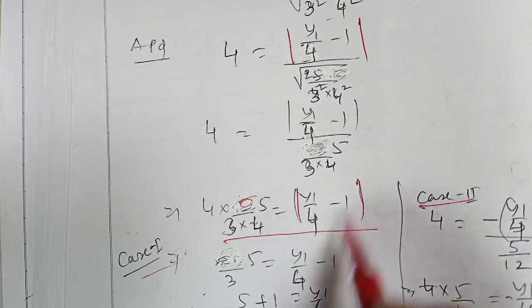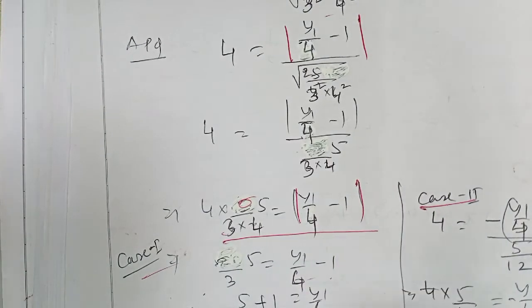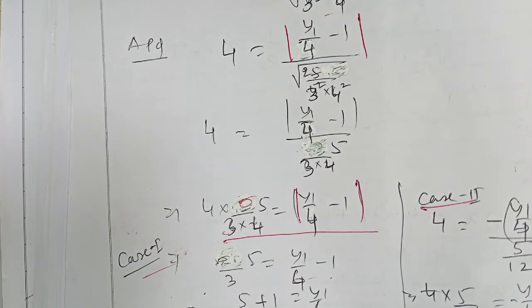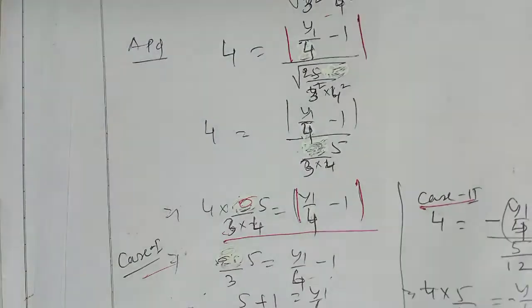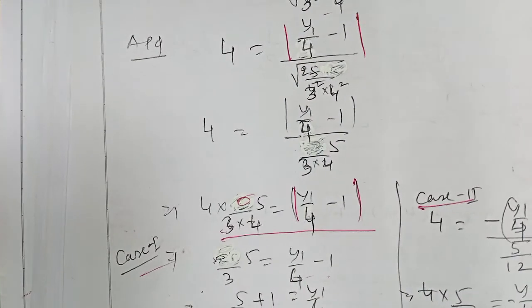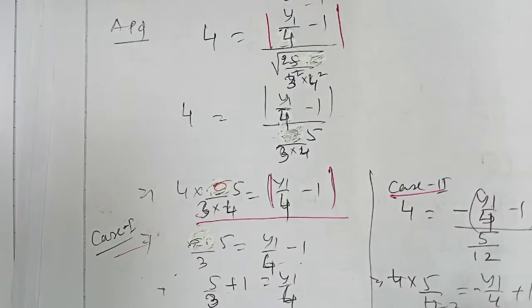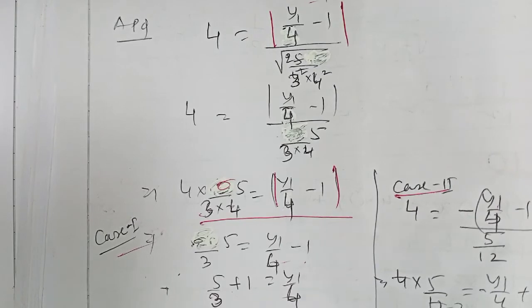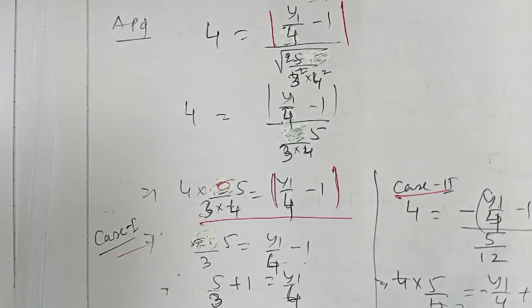To take out the modulus, with positive we get the value of y1 as 32 by 3, and taking the negative sign we get y1 as negative 8 by 3. So the answers are (0, 32 by 3) and (0, negative 8 by 3).